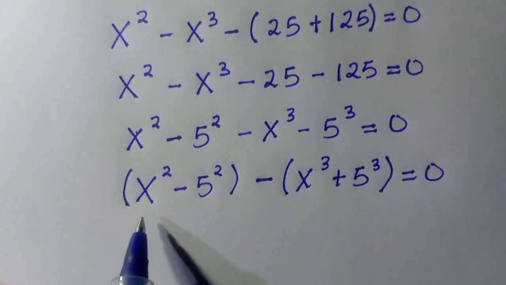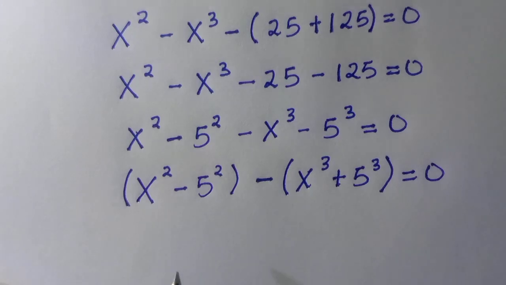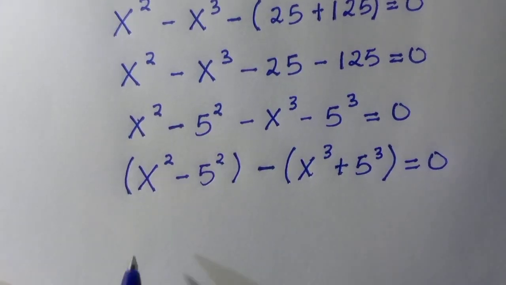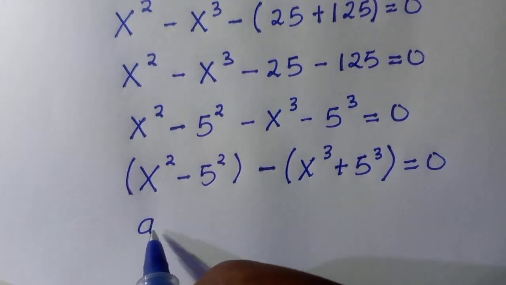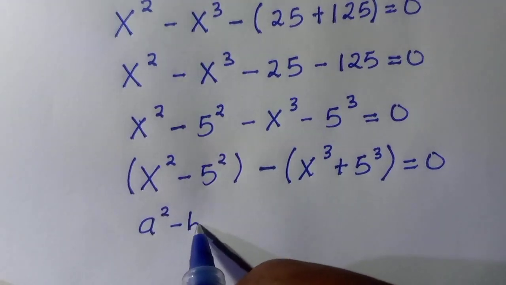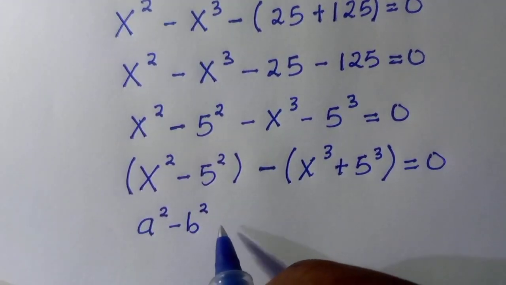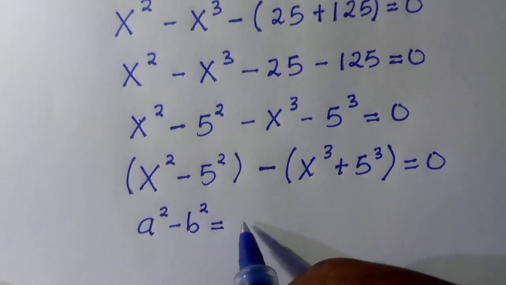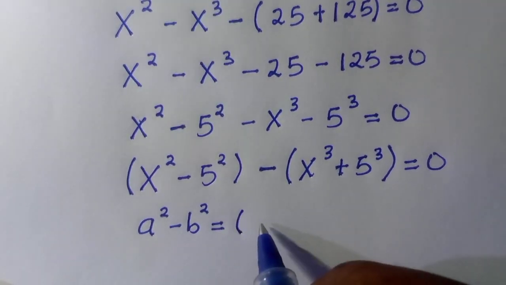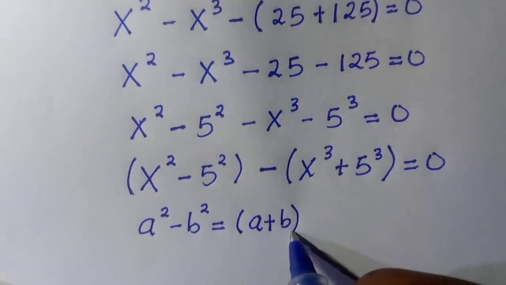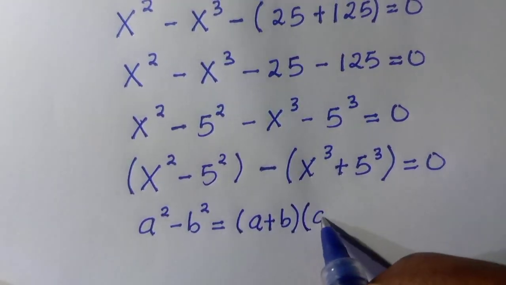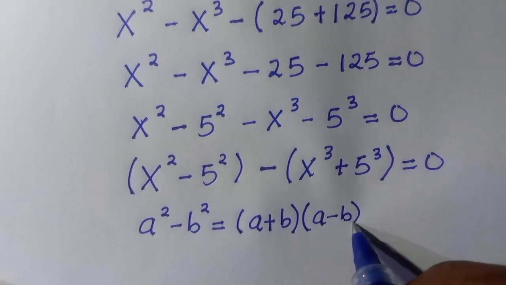So next, here is x squared minus 5 squared. Suppose we have a squared minus b squared. The result for this one is given as a plus b open bracket a minus b.